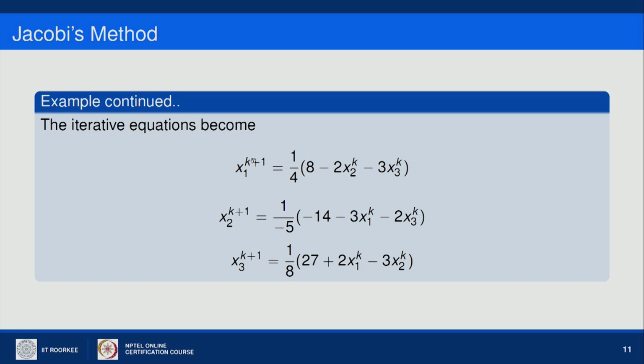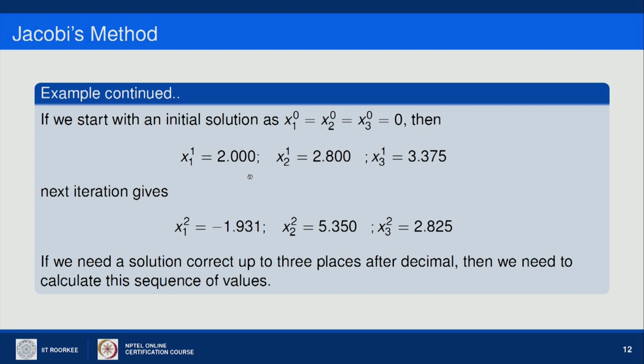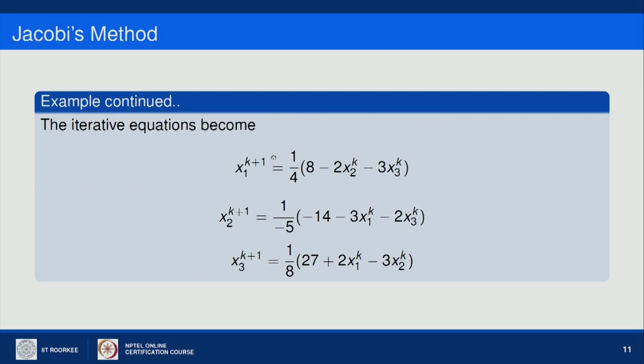So, x1^1 will become 8 upon 4, so it is coming out as 2. Similarly, from the second equation I am getting x2^1, that is coming out to be 2.8, and x3^1 equals 3.375.